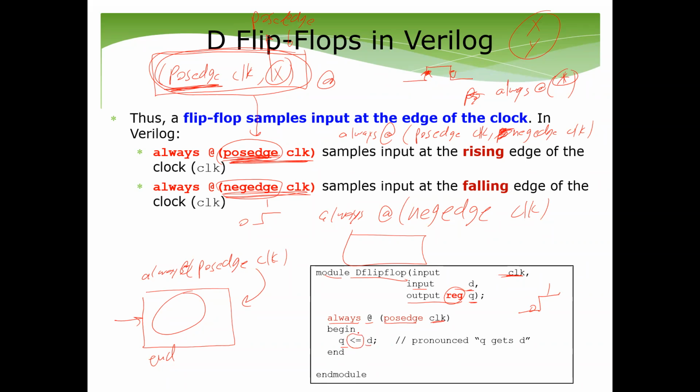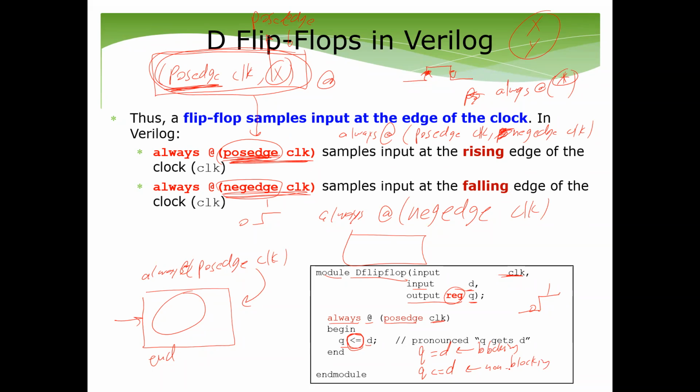Now, do you remember this? We had a difference between Q equal D and Q takes on the value of D. This is a blocking assignment and this is a non-blocking assignment.